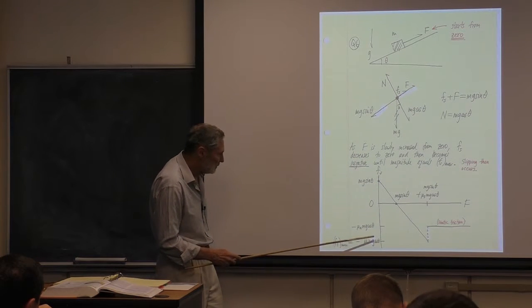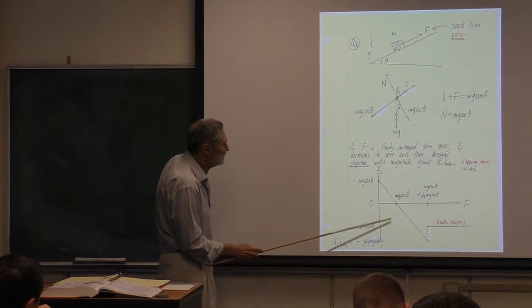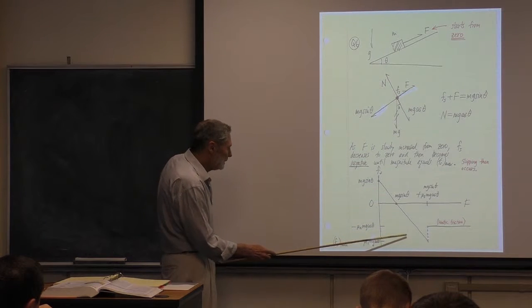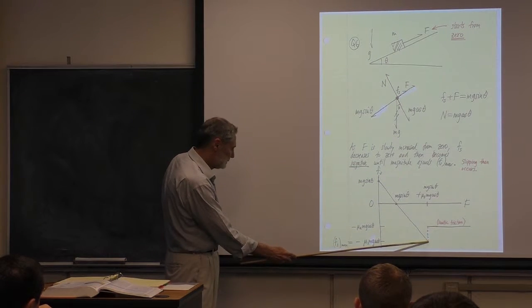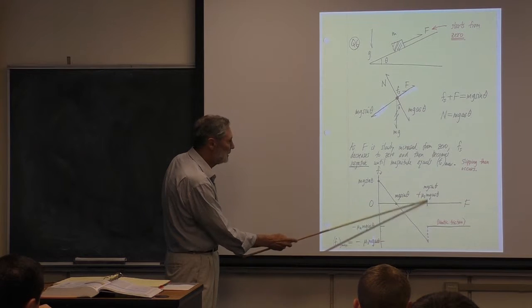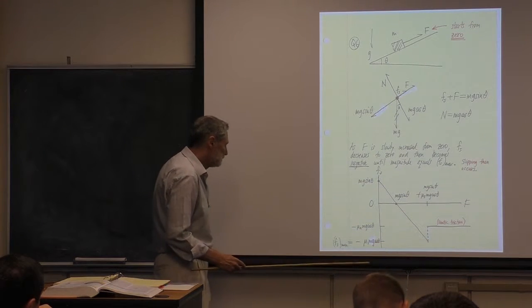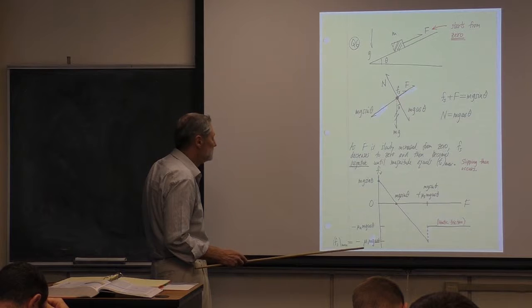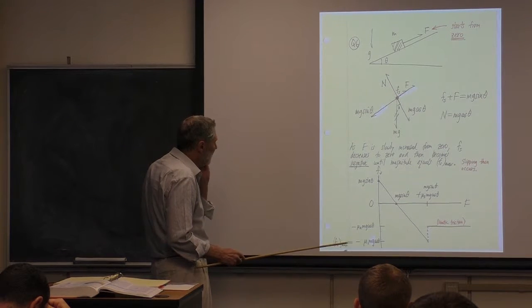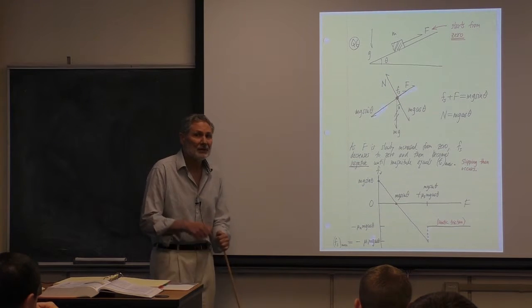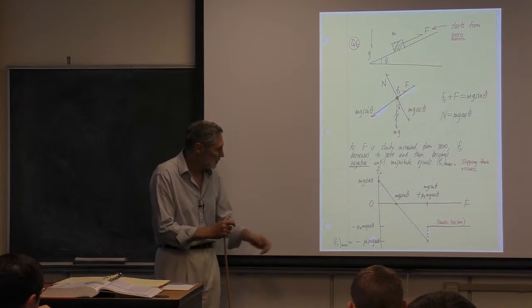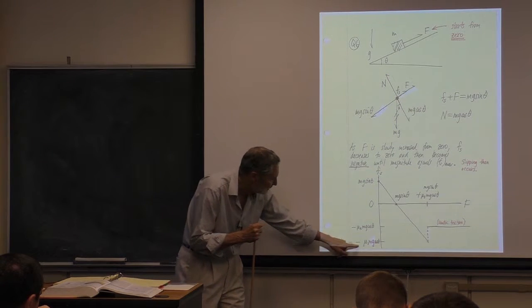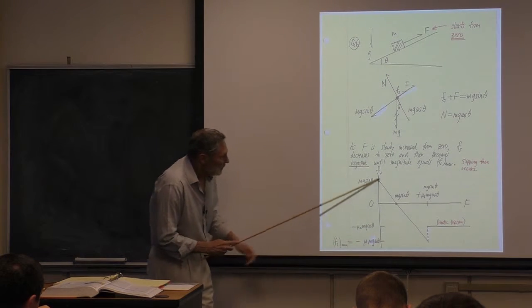Its magnitude is a maximum. That's going to happen right here. And when it maxes out, we know that it's mu times the normal force. So that's how I came up with this right here. So we know it's going to max out.